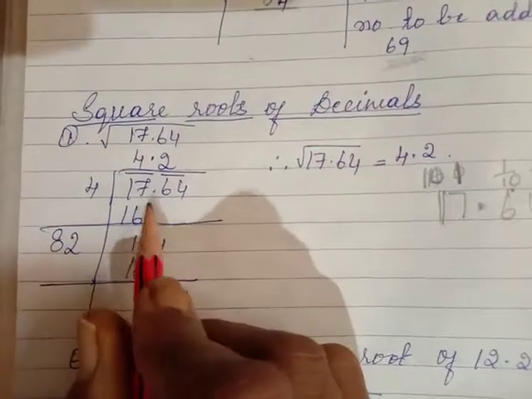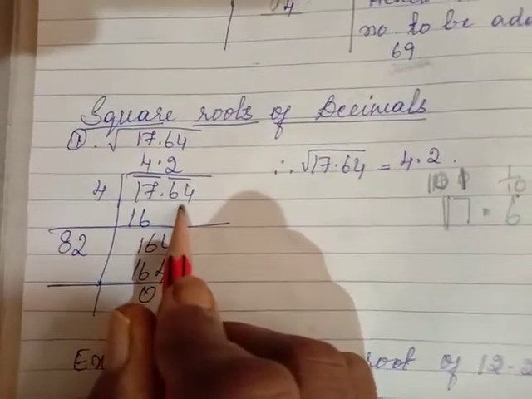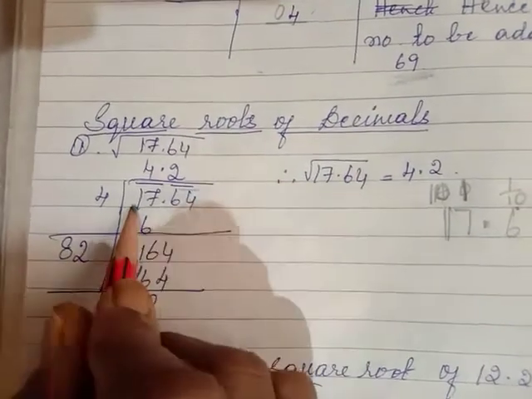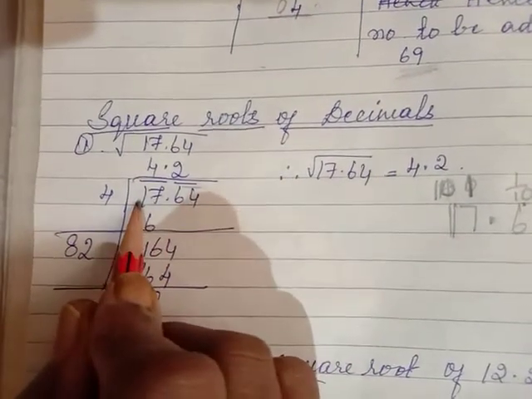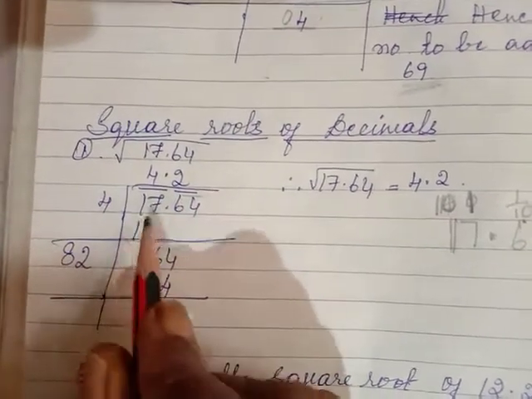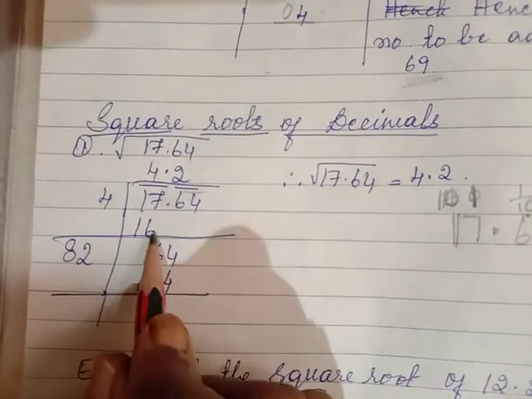See, after the point we have 64, that is already a group of 2. So that is why I am grouping 64 here. Then the ones and tens I am grouping here. Understood? Now the nearest square number to 17 is how much? 16. Yes or no?